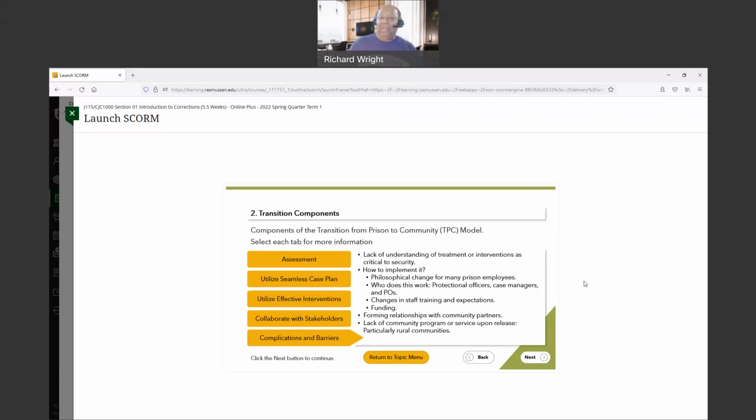A problem is the lack of community programs or services, especially in rural communities where individuals don't have opportunities provided for them. The key thing is that there should not be a vacuum there. There should always be a place and a time and a situation where individuals are given the opportunity to be successful.